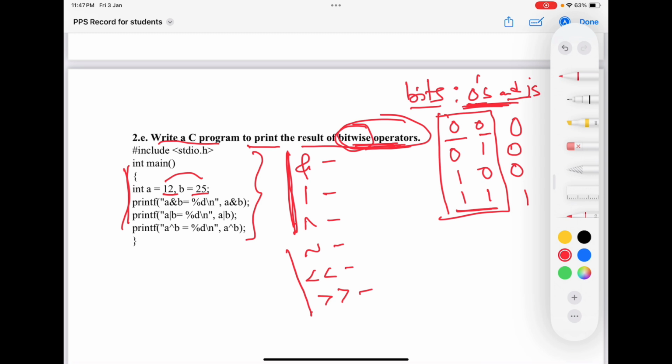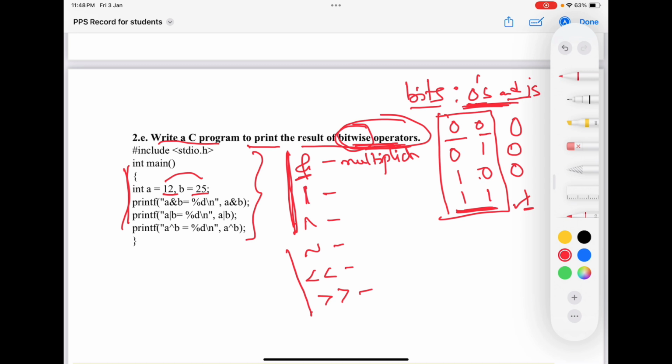I'll simplify it for understanding. Bitwise AND is as simple as your multiplication. 0 into 0 is 0, 0 into 1 is 0, 1 into 0 is 0, 1 into 1 is 1. So when you have two 1 inputs, it returns the value 1.